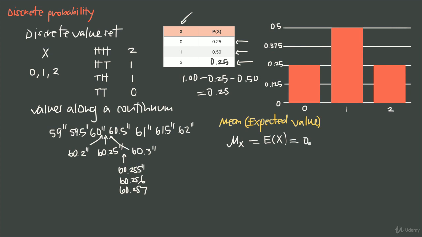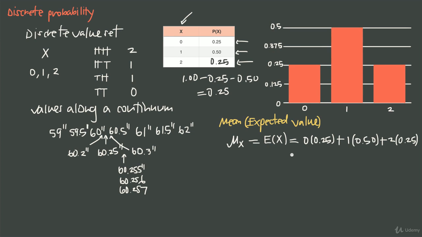So the value that the variable can take on, 0, multiplied by the probability that that happens, 0.25, plus the value that the variable can take on, 1, multiplied by the probability that that happens, 0.50, plus the value that the variable can take on, 2, multiplied by the probability that that happens, 0.25. And we could continue on even if we had more possible values for x.